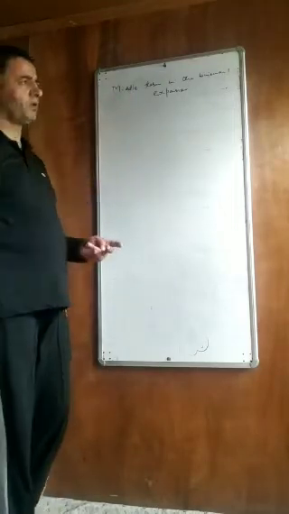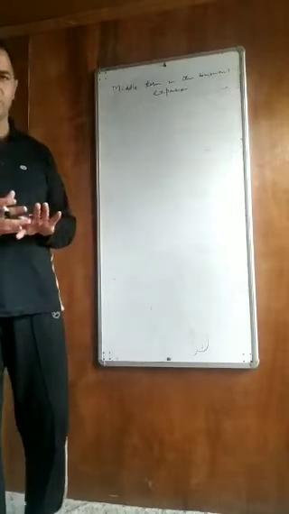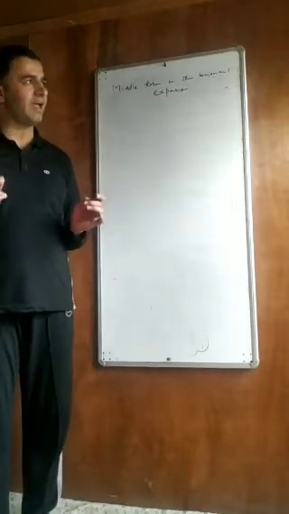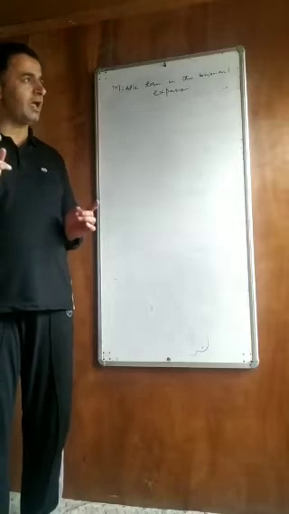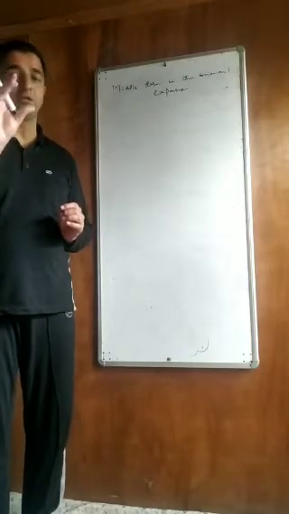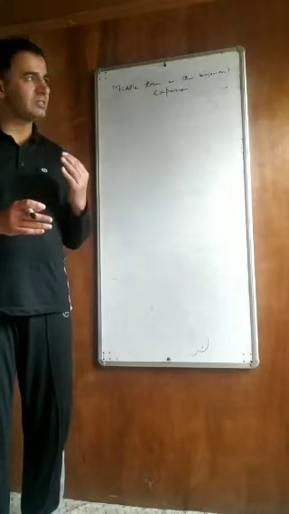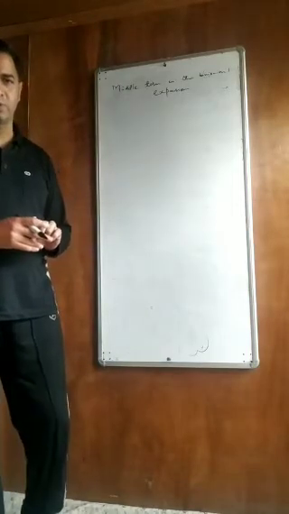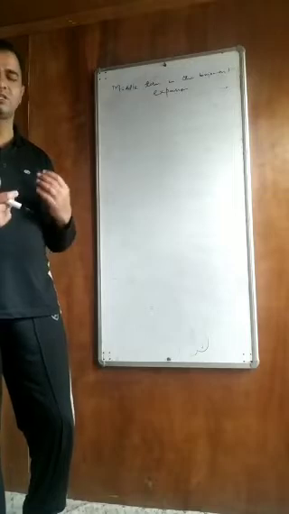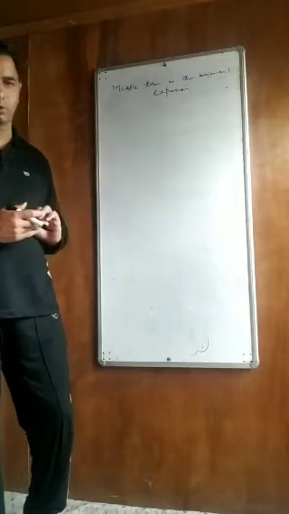We know that if a binomial has power n, then it is clear that the binomial has n plus 1 terms in its expansion. अगर एक बाइनोमियल का पावर n होगा तो इसके जो टर्म्स होंगे that is n plus 1. जो इसके एक्सपेंशन में टर्म्स होंगे, जो इसके सीरीज में टर्म्स होंगे, वो n plus 1 होंगे.